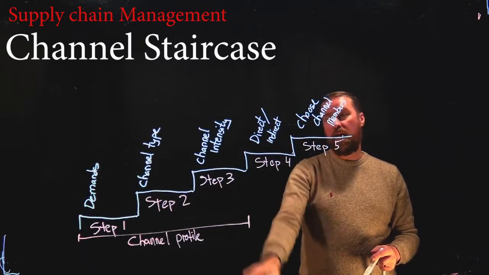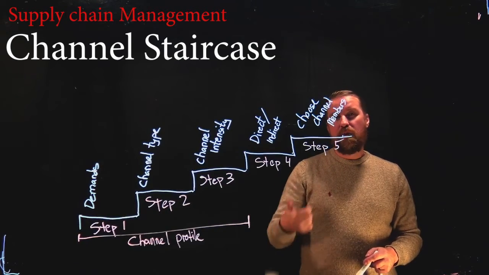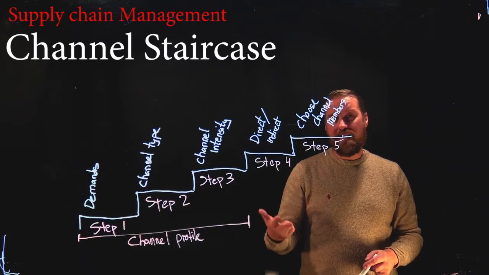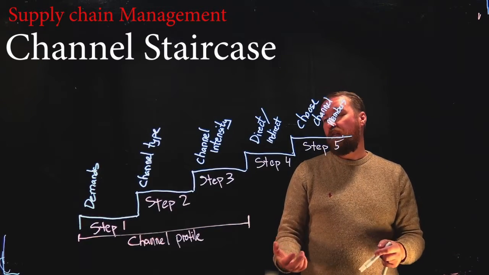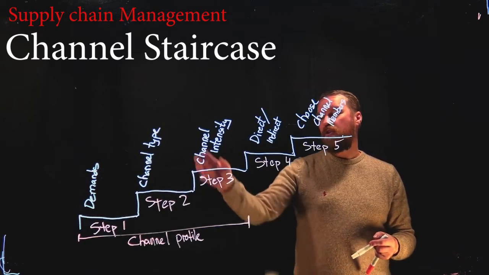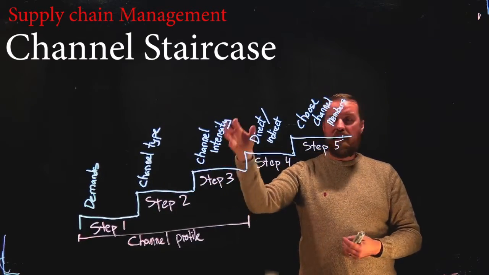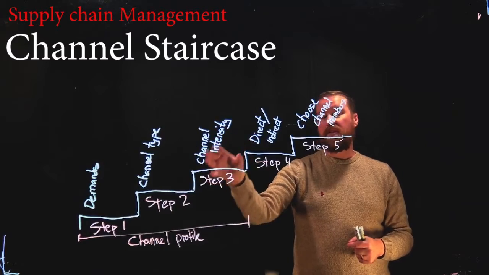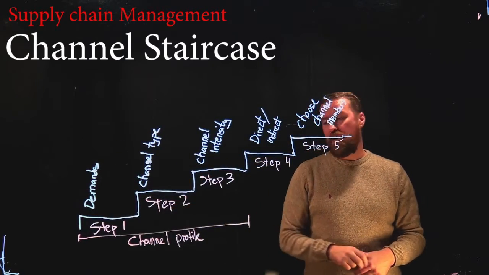Are we going indirect? Channel intensity was exclusive, selective, or intensive distribution. Do we try to cover everybody right away? Channel type is, where is it? What are the profiles? What are the branding levels that we require? And the basic demands from our customers.